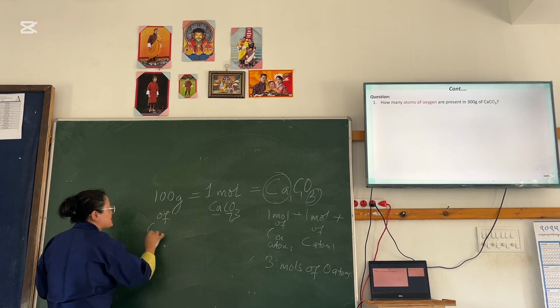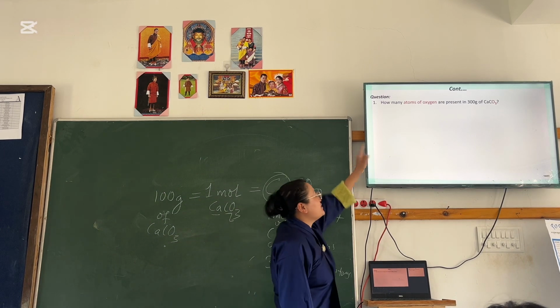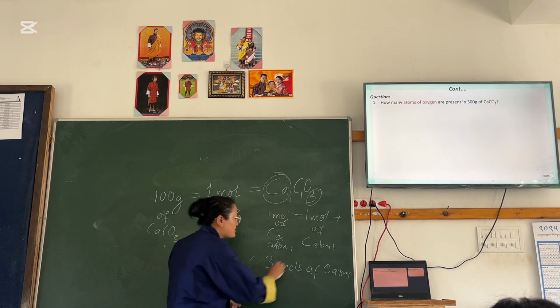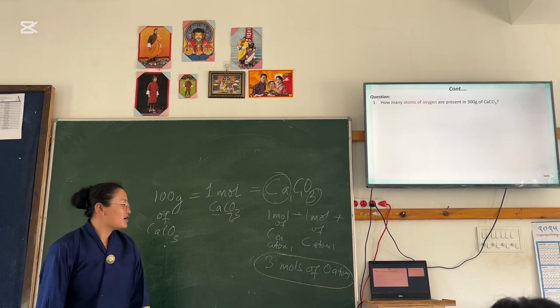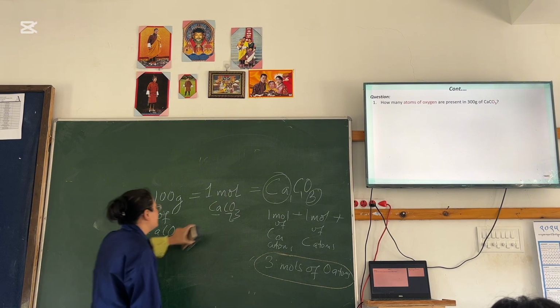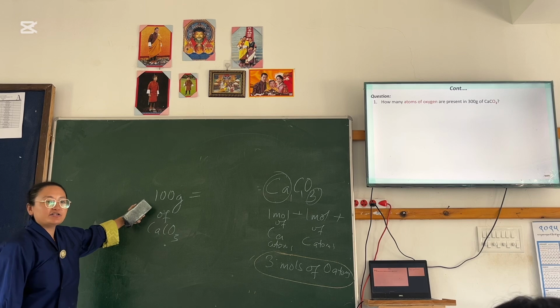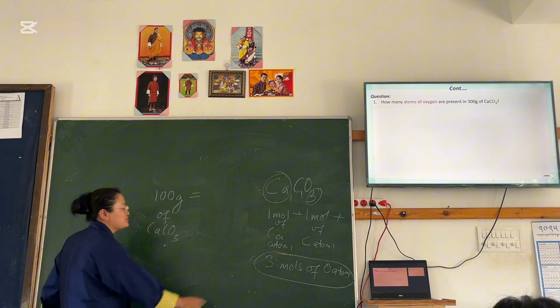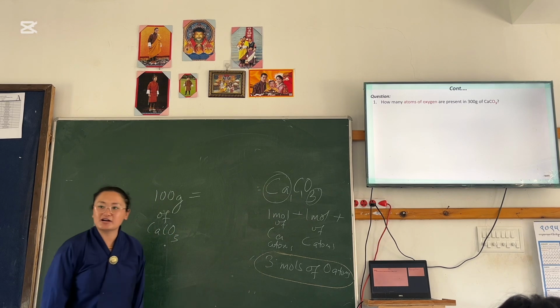In that 100 grams of calcium carbonate, they are asking how many oxygen atoms are there. Right now this is in moles. We have 3 moles of oxygen atoms in 1 mole of calcium carbonate, meaning 100 grams. We got it from the formula, right?